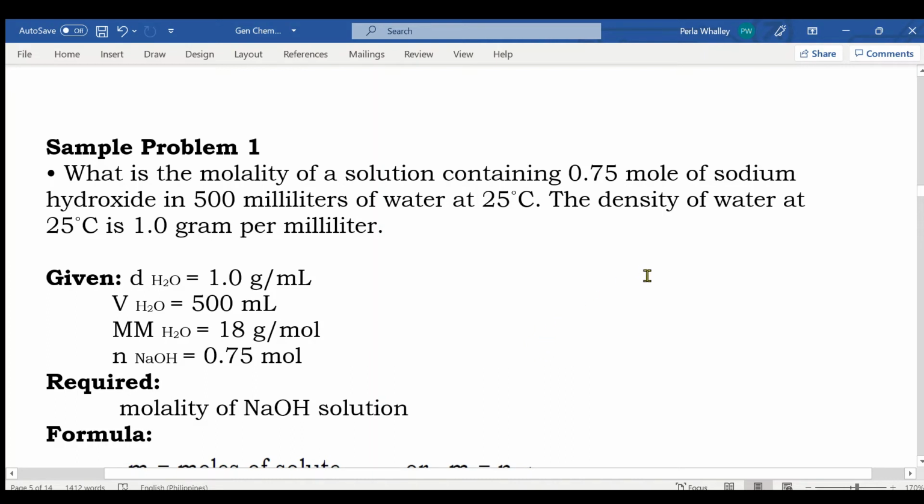You can solve it again if you want, but the 18 gram per mole we already solved earlier. And then the number of moles of sodium hydroxide is equal to 0.75 mole. Required: molality of sodium hydroxide solution.